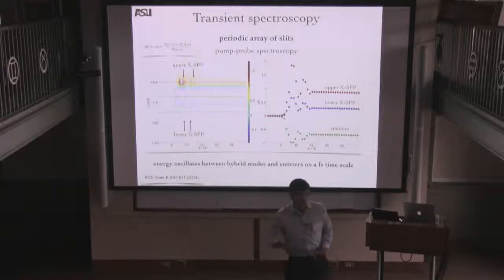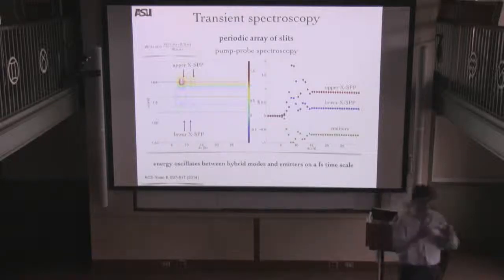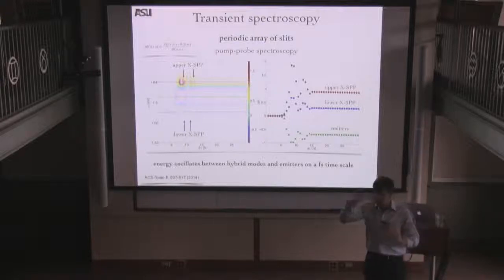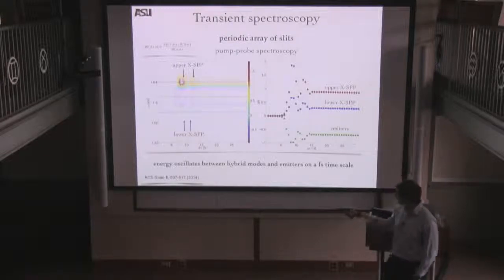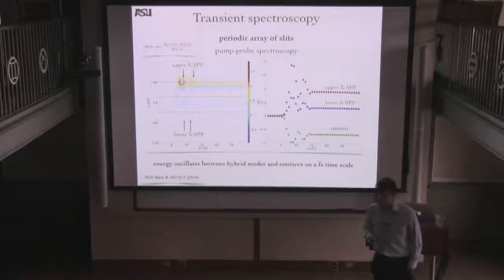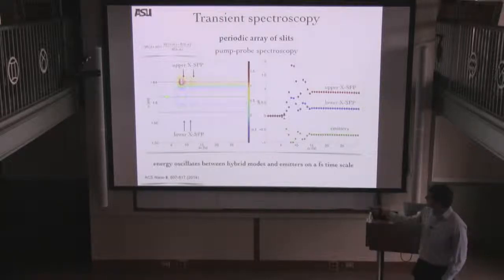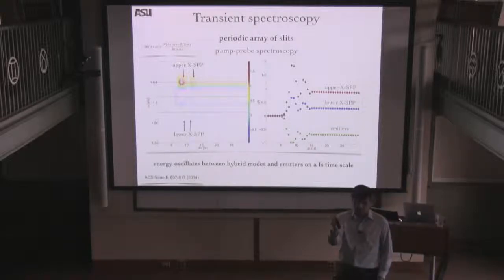Of course, my femtosecond pulse is not long enough, so I won't have thousands of oscillations. I will have 2, 3 oscillations, something like this, right? So then, here I'm looking at the changes of reflection as a function of the pump probe delay and the energy of the photons. So this central line is the line that corresponds to the absorption energy of my emitter.